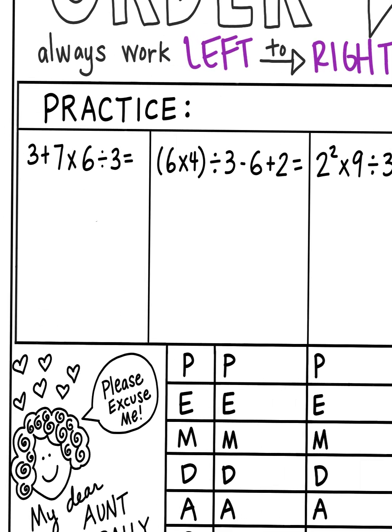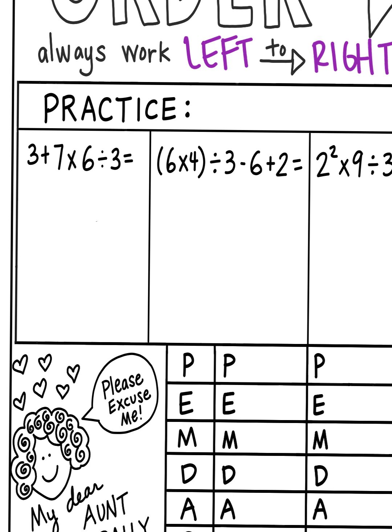I have 3 plus 7 times 6 divided by 3. So what I'm going to do is I'm going to look to see, do I have any parentheses first? If I don't, I go down to the next letter in the order of operations, E. Do I have any exponents to solve? Okay, now I go down to M or D, whatever comes first.